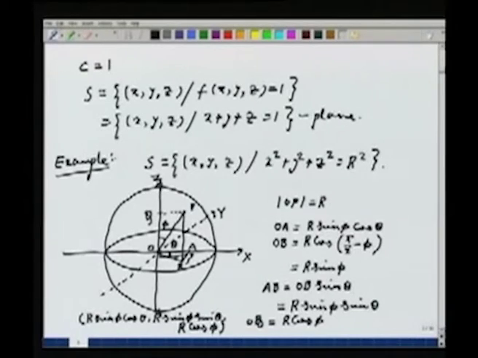So finally, I get the map. Let us call it little r.